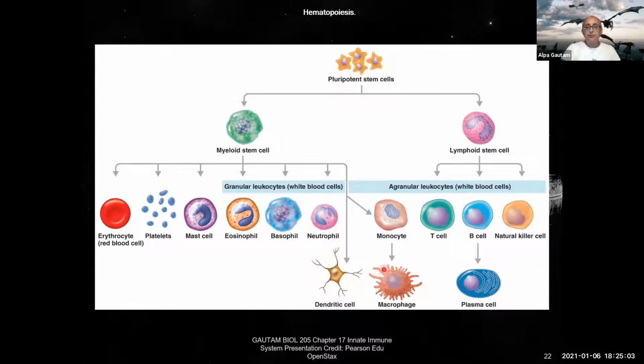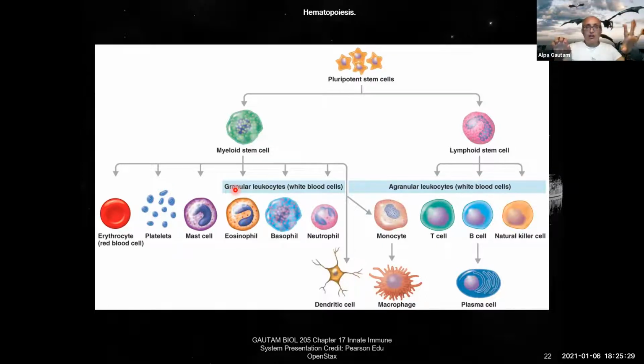Now, notice that the two main stem cells are your myeloid stem cells and the lymphoid stem cells. So the myeloid stem cells give rise to these white blood cells here. Okay. So the white blood cells are divided into two major groups, granulocytes and agranulocytes.